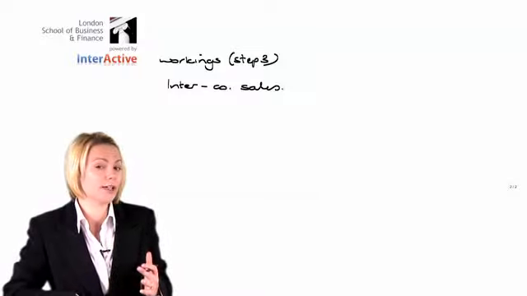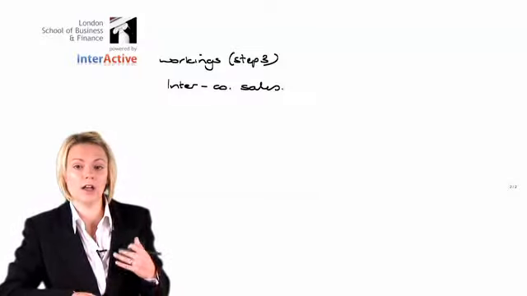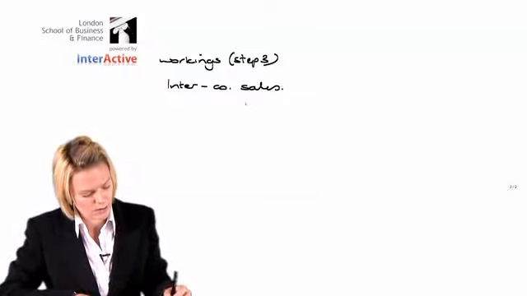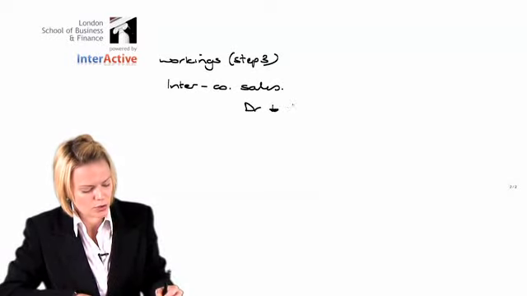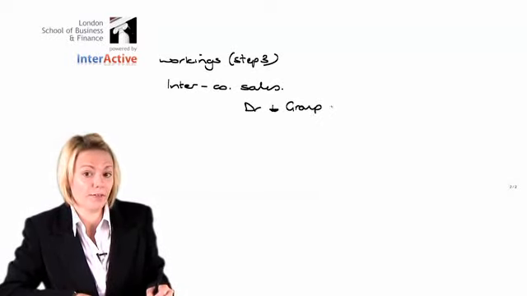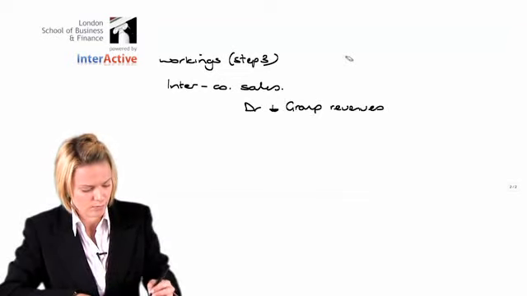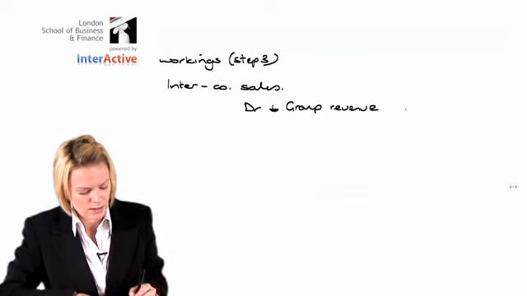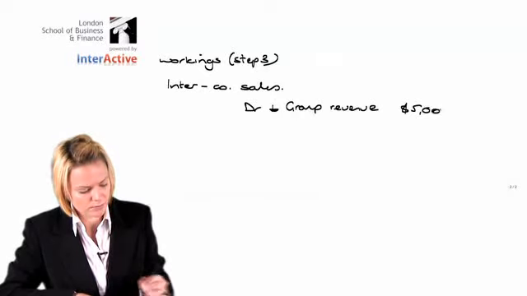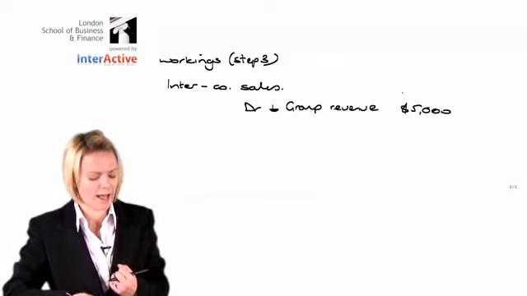Do you remember the journal entry for that from the last video? We debit and reduce group revenue or group sales, and that will be with 5 million. My workings will always be in thousands.